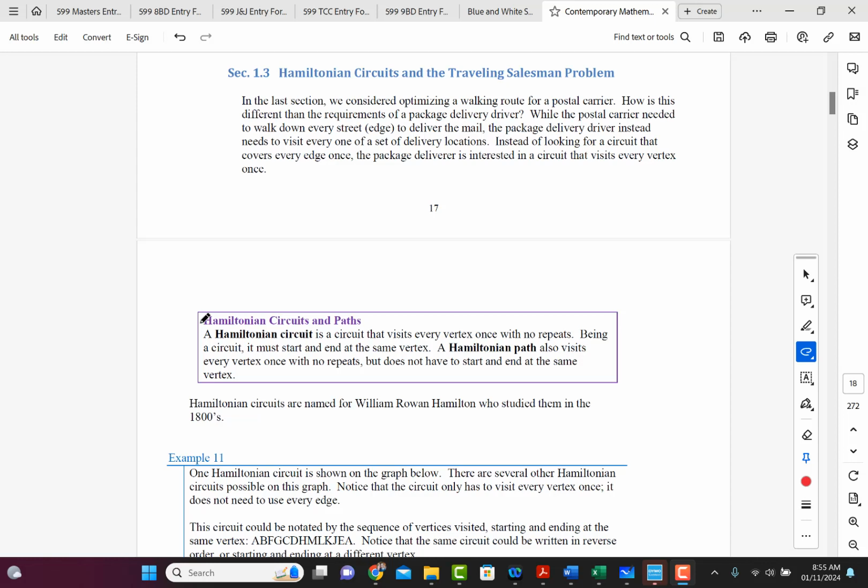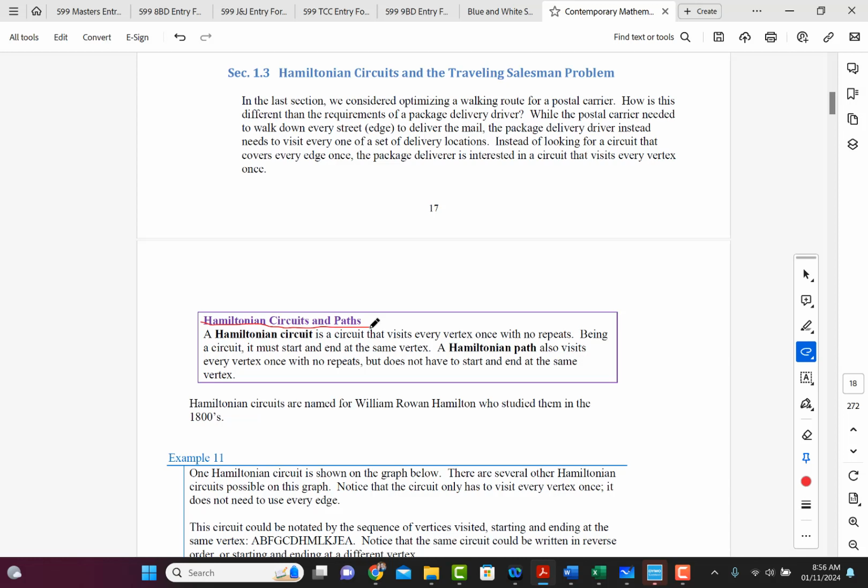Okay. So the definition of a circuit, in this case, Hamiltonian circuits and paths. A Hamiltonian circuit is a circuit that visits every vertex once with no repeats. So unlike the Euler circuit, where we were interested in a circuit that visits each edge only once, the Hamiltonian circuit visits every vertex only once with no repeats.